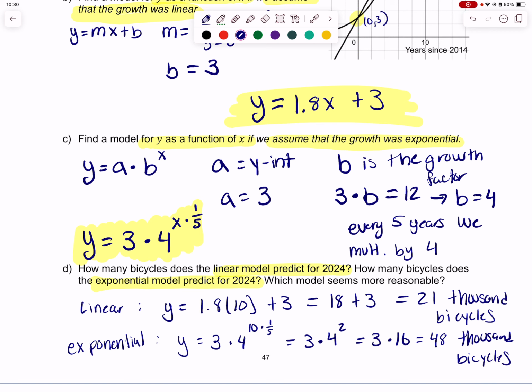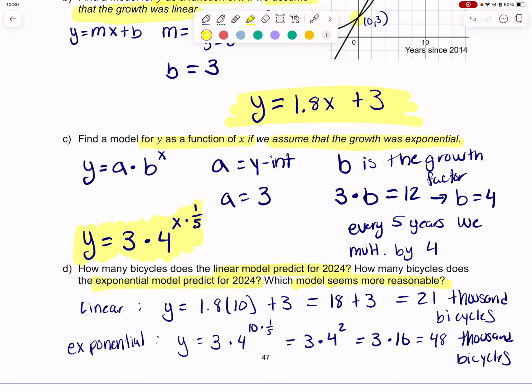And now lastly in this, we're asked which model seems more reasonable. Depending on what we're working with, both of them could be reasonable. We don't really have a ton of information about this bicycle company. However, an exponential growth does become very rapid.